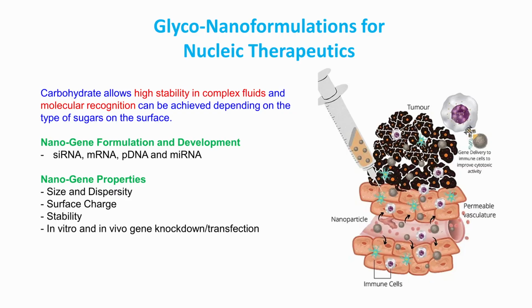My lab, like I said, is developing those synthetic glycopolymers for different applications. One of them is looking at nucleic acid therapeutics. We exploit the carbohydrate here for the high stability in complex fluids, and also for molecular recognition purposes.